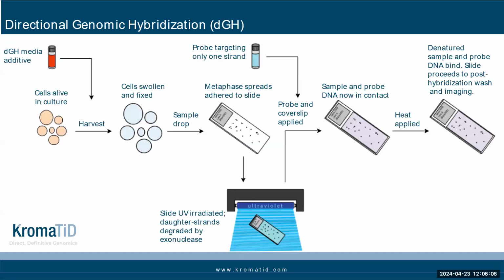The basic FISH assay is the backbone of directional genomic hybridization, DGH, as can be seen in the similar workflow. As in FISH, the first step has cells in culture, but analog nucleotides are added to the culture medium before cell cycle arrest. The cells will incorporate the analog nucleotides as they synthesize new DNA strands in preparation for division.